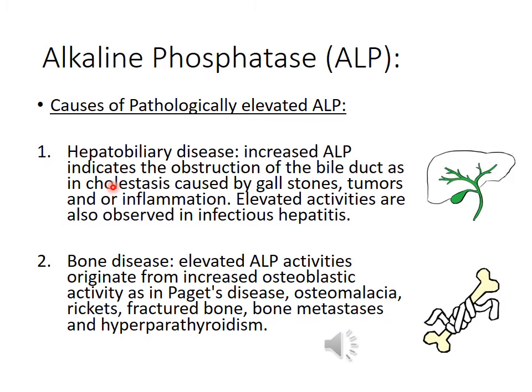Fractured bone, there is a bone fracture, so the osteoblast will try to heal the fracture. Bone metastasis means any secondary tumor which is in the bone, which destroys the bone. So when the bone is destroyed by the tumor, osteoblasts try to make more bone, and when osteoblasts make more bone, ALP is increased. And finally, hyperparathyroidism.